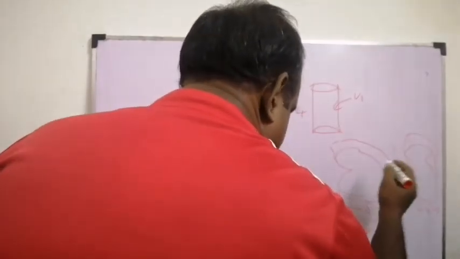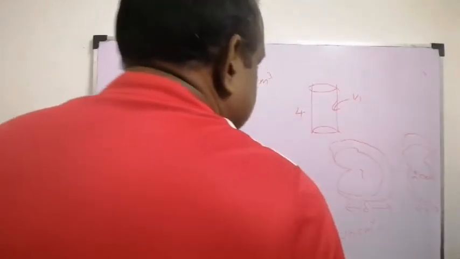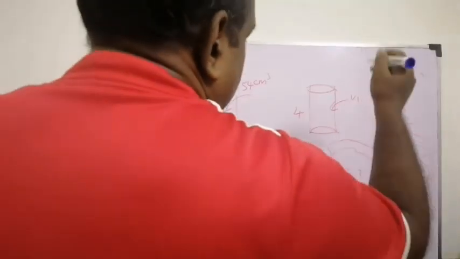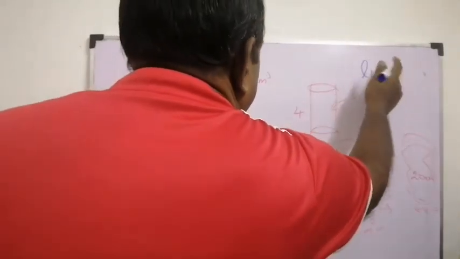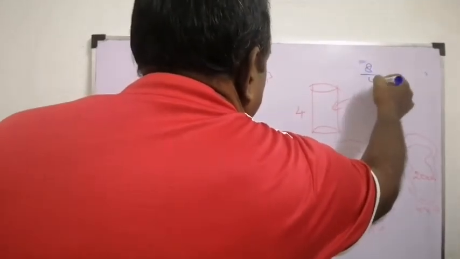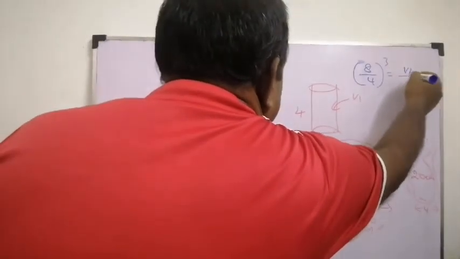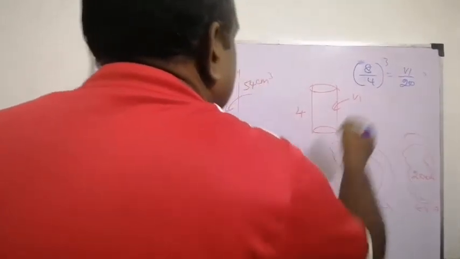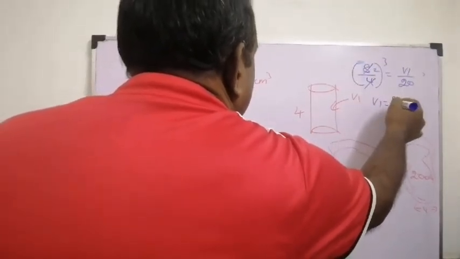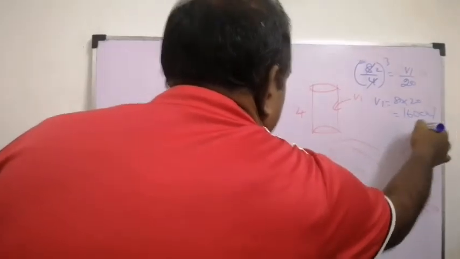The volume they have given for the 4 is 20 centimeter cube, and this is what they are asking. So we can do it, right? 8 over 4 cubed is V1 over 20. So this is 2 cubed. So V1 is going to be 8 into 20, which is 160 centimeter cube.